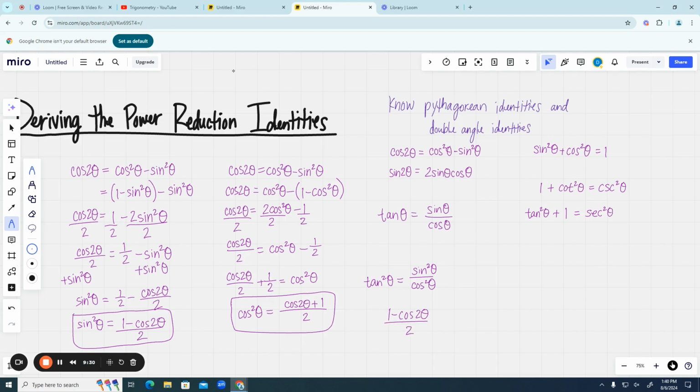When we're dividing by something, we're just multiplying by the reciprocal, so my cosine will end up being this. That's the reciprocal of that one. The 2's will simplify, so then I will be left with this. And that is my power reducing formula for tangent squared theta. And it's way simpler than memorizing them, to me.